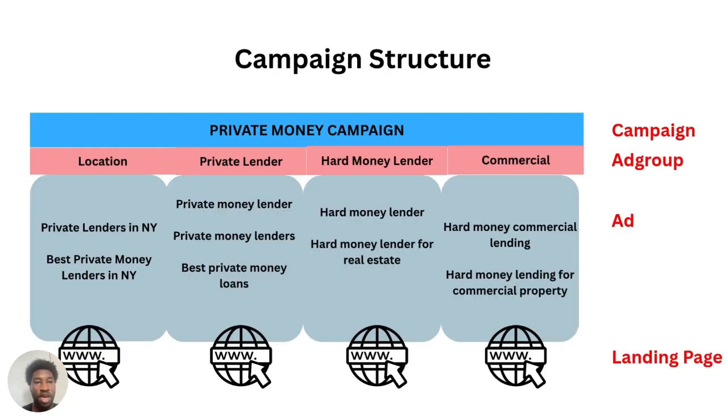And here is the general campaign structure that we're going to use and follow in order to get to our conversions, right? So we're going to have a campaign. In this case, let's name it private money campaign, right? Doesn't really matter. And then for each campaign, you're going to have different ad groups, right? Think of it like the theme. So location theme, private money lender theme, hard money lender theme, commercial lender theme.